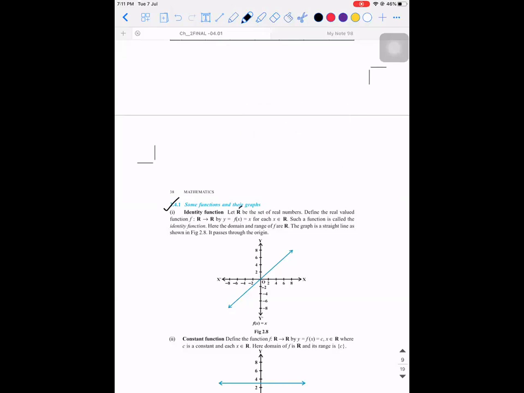So f is mapped from R to R such that, see, generally f of x is written as y. Okay. So if I am able to define a relation f of x is equal to just x, we will be using a symbol like this, a V with a line, which is read as "for all values of".